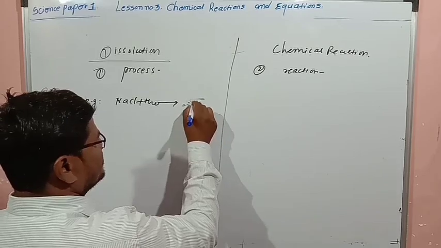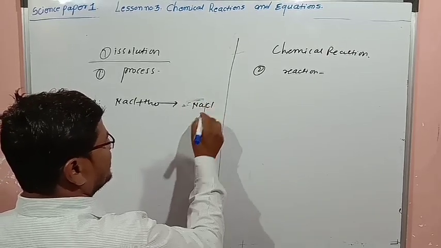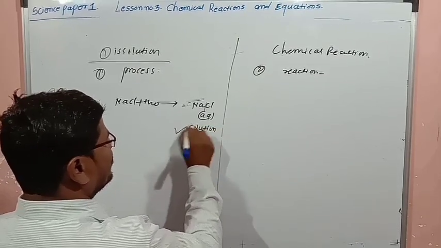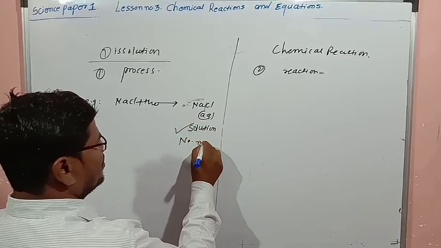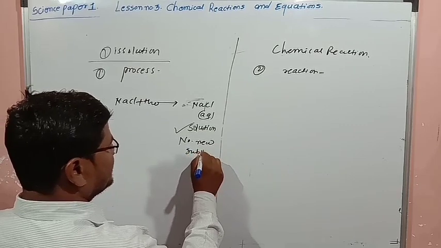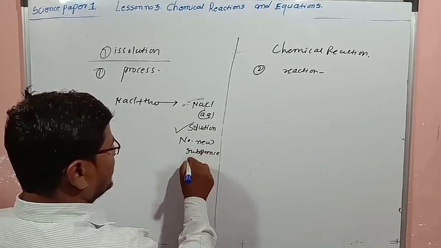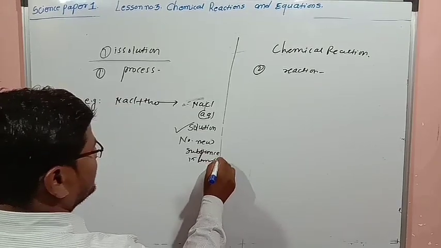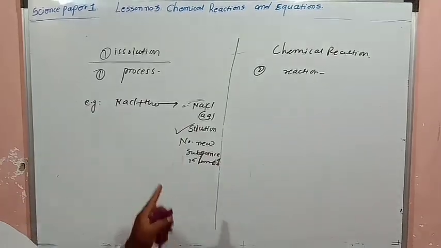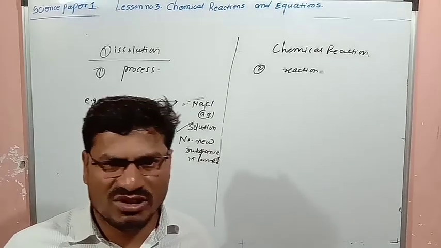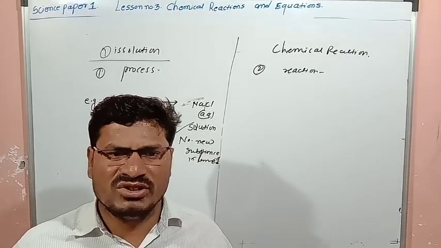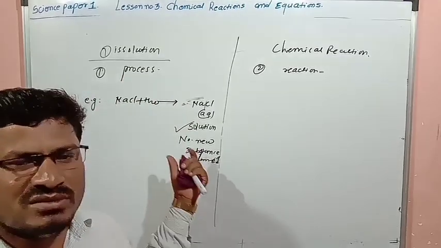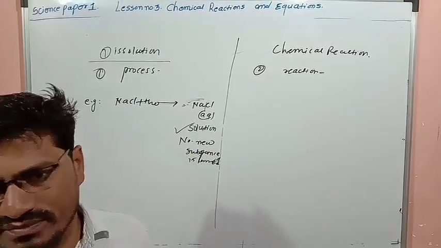A solution of NaCl, NaCl aqueous. That means a solution is produced, and no new substance is formed. Only a solution is formed. So dissolution is a process in which a substance gets dissolved into a liquid, or a solute gets dissolved into a solvent.